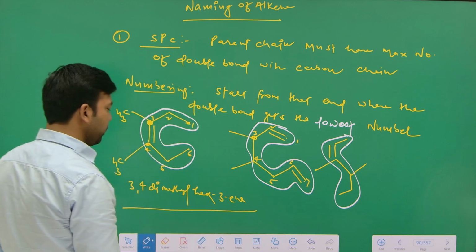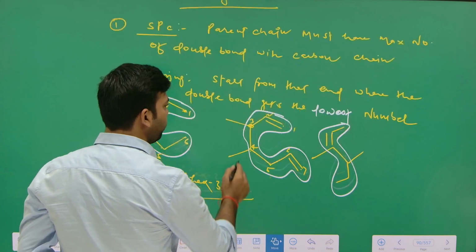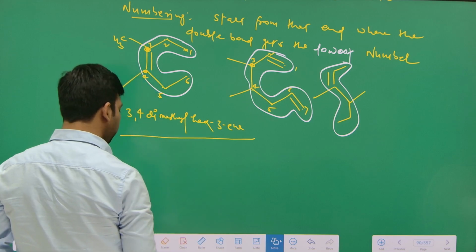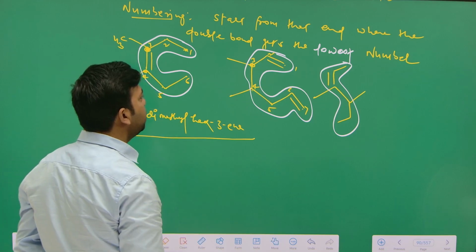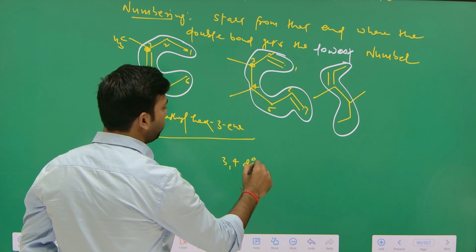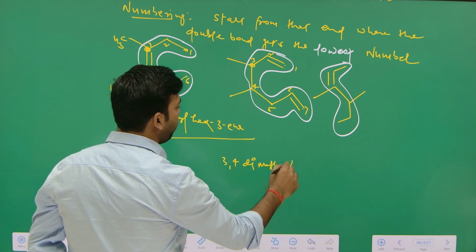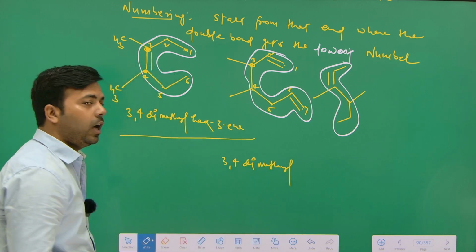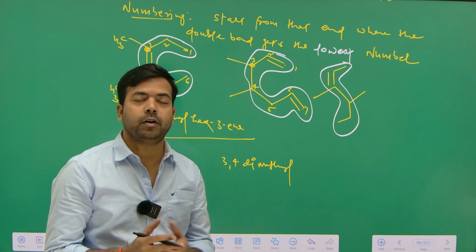So name of substituent we have to write. So what is my substituent here? Substituent is here 3 and 4 dimethyl. Word root is what? 7 carbon. So hept. Look at here, very important point.